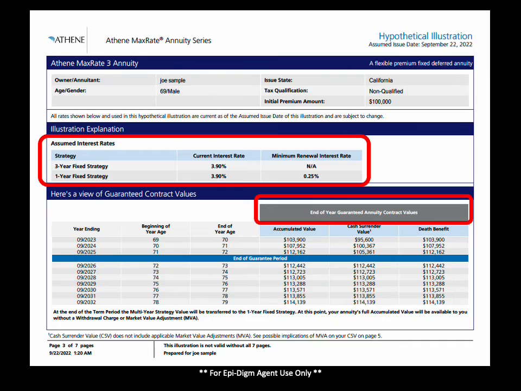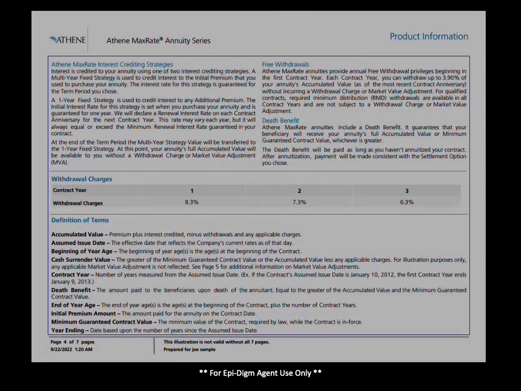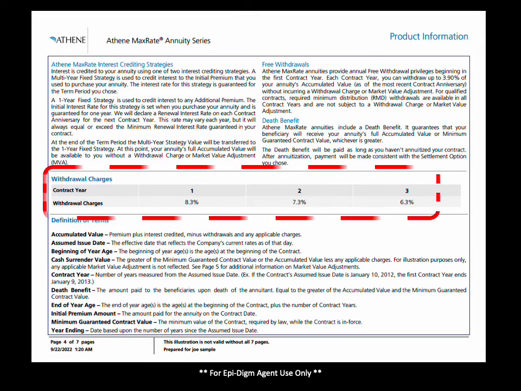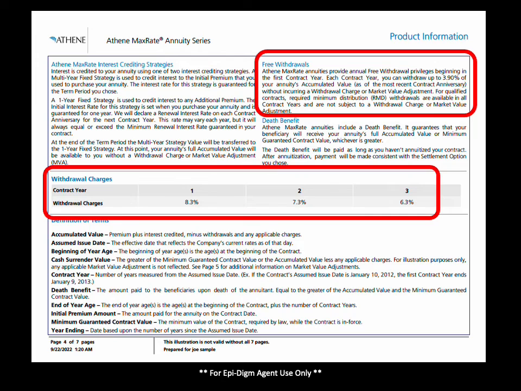So there's a good and bad of everything. And here's withdrawal charges. I already told you the withdrawal charges. It doesn't last any longer than 3 years. So it is true 3-year surrender term product. That's good. And it comes with a price.